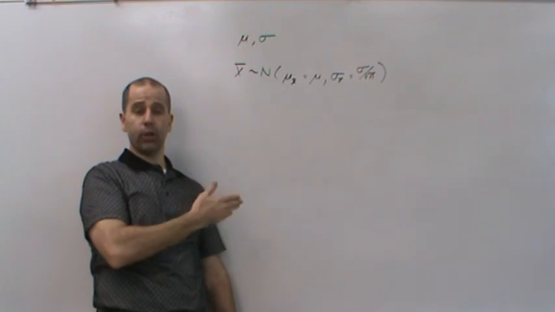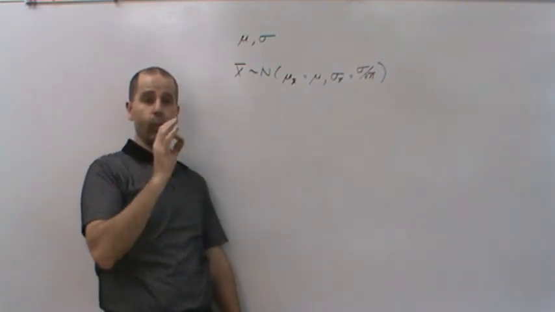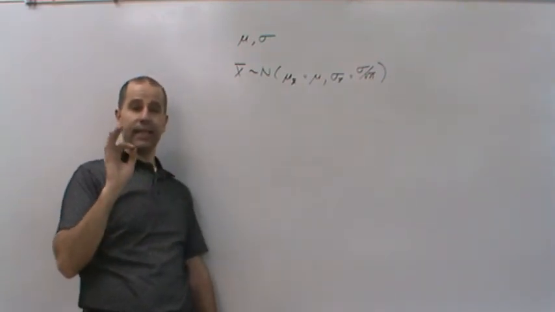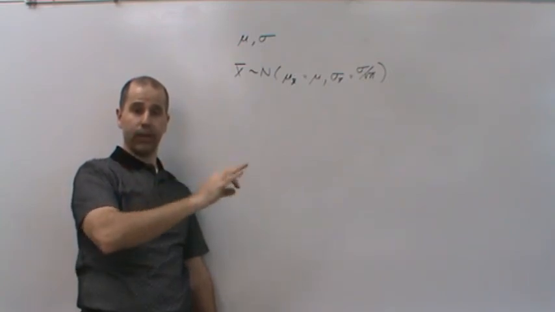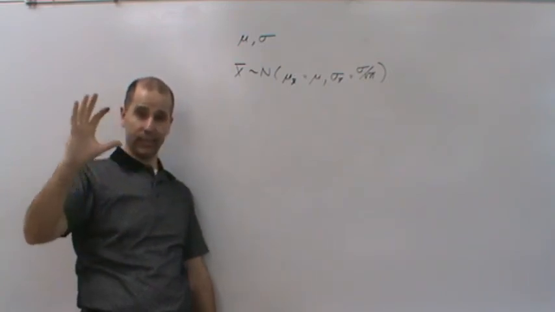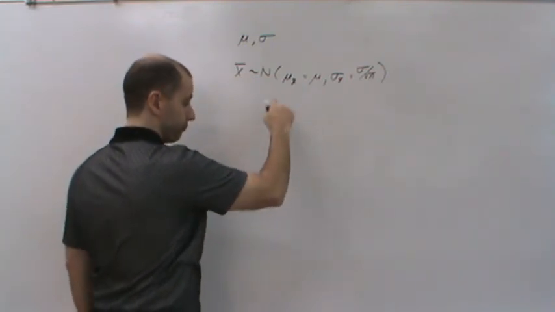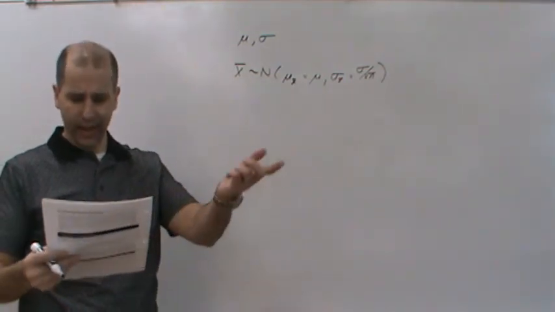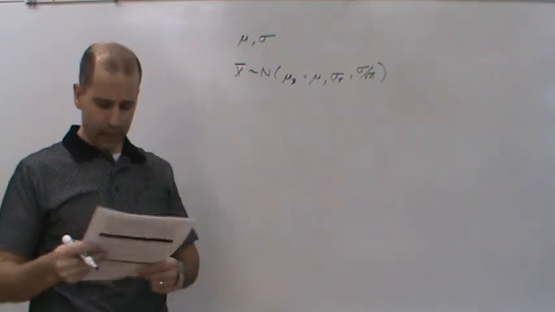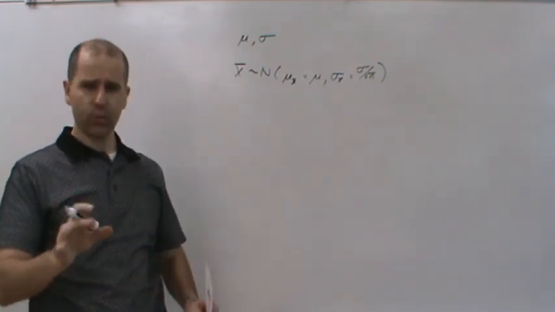So here, as the sample gets bigger and bigger, it makes sense that the sample mean gets closer and closer to mu. Okay, so that's why we can get this. Again, I've said that before, but just as a review.